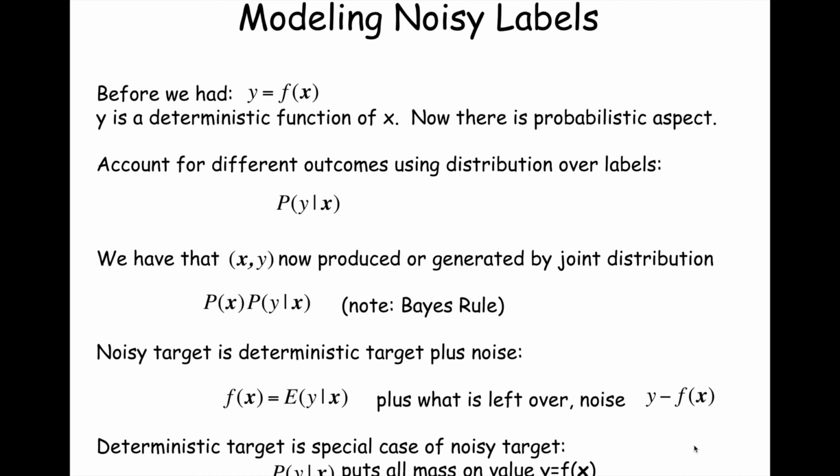There's a probability that y is going to be +1 given x, and a probability that y is going to be -1 given x. Mathematically, when you multiply p of x times p of y given x, using Bayes' rule, that is the joint probability, just by definition of what conditional probability means.